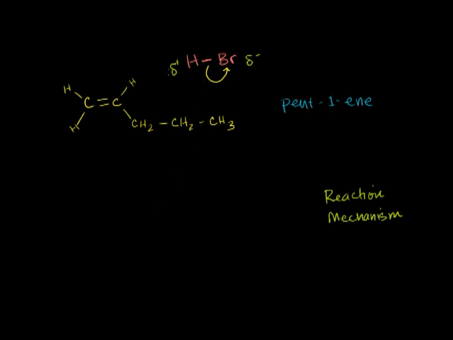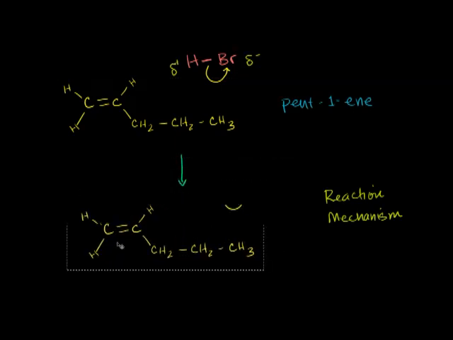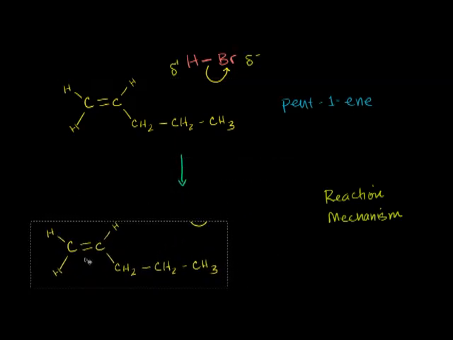Now, if that happens, what will this whole setup look like? Well, we'll move down a little bit. I'll just copy and paste, which will be useful here. We still have our pent-1-ene.